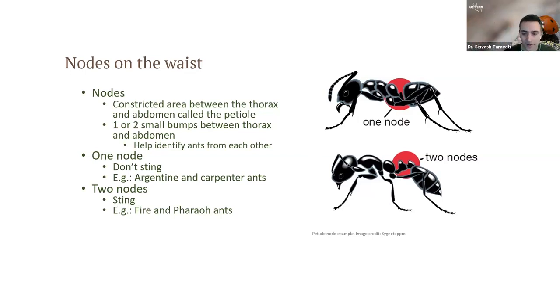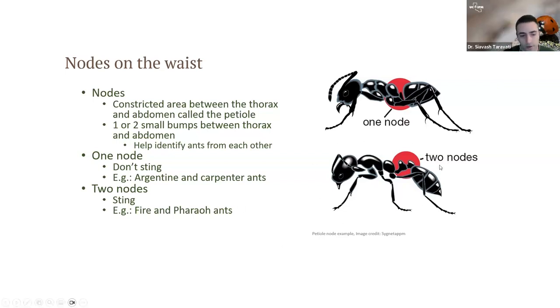So sometimes you have to kill an ant, or just collect it, and then use a forceps or a pin to move the abdomen back to be able to see the node. So just be aware of that.